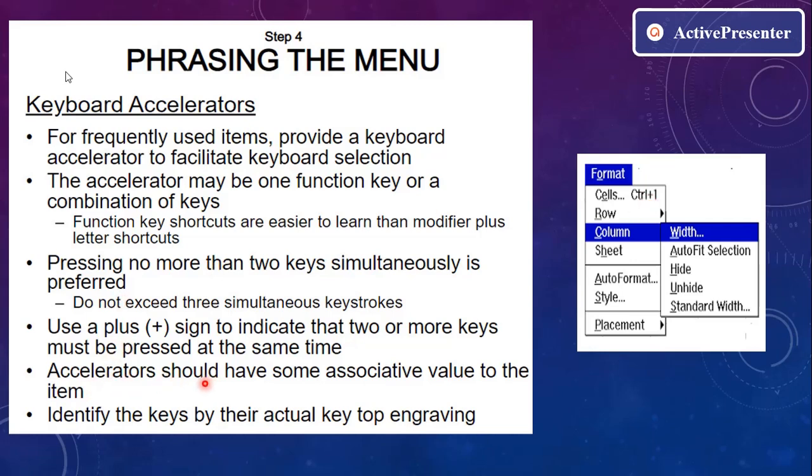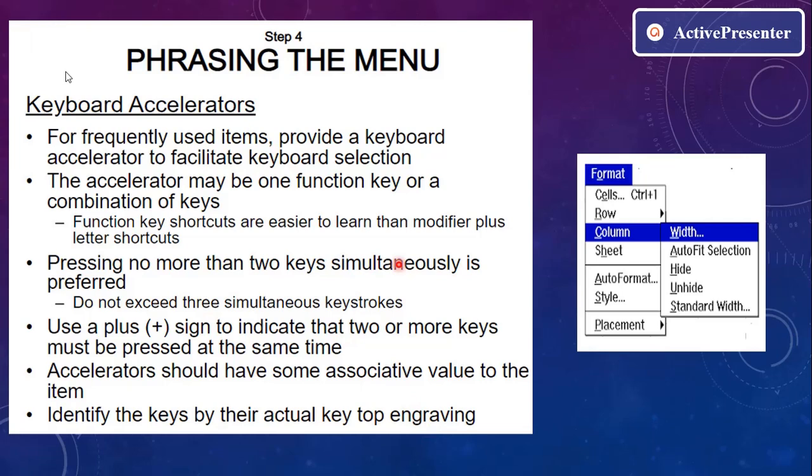Accelerator should have some associative value to the item. That means when we are using an accelerator, there will be certain values associated with that particular item. Identify the keys by their actual key top engraving. Remember that when you are displaying the accelerator, right-aligned accelerators should be used.